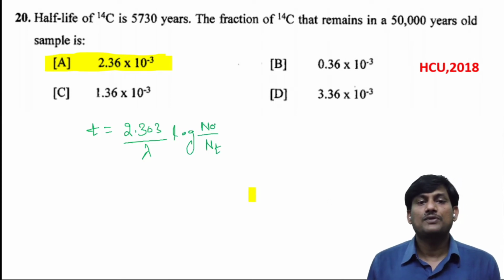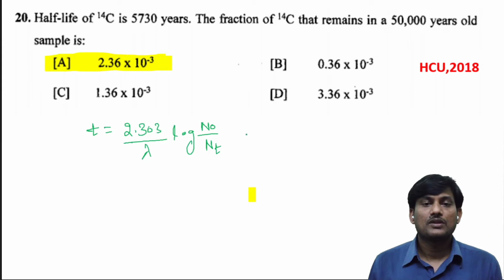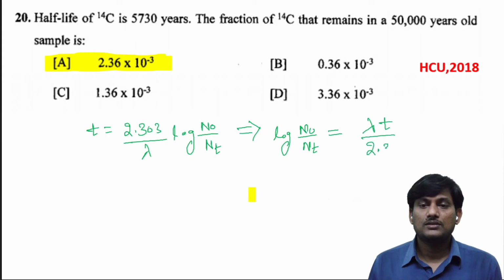This is the initial number of nuclei, and this is, at time t, the number of nuclei. It can be written as log N naught by Nt equals lambda t by 2.303.